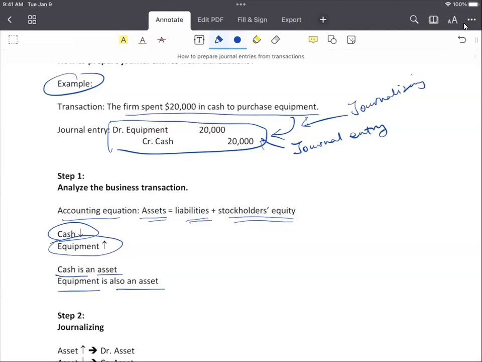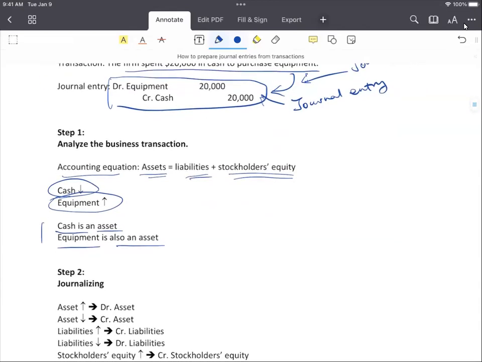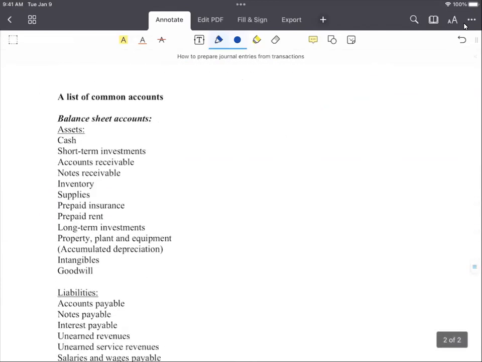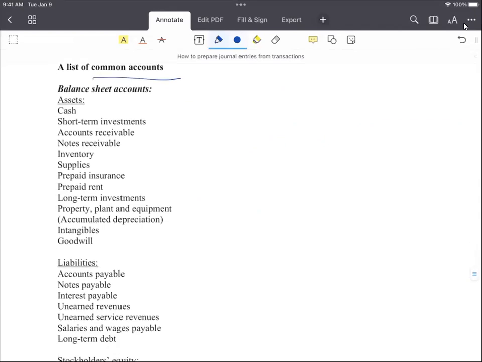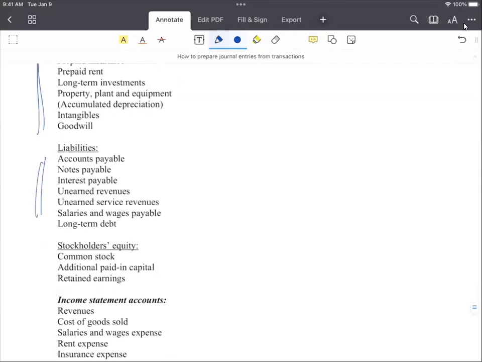Once we have a business transaction, we need to analyze its effect on asset, liability, and stockholders' equity. If you wonder what kinds of accounts are asset accounts, liability accounts, and stockholders' equity accounts, here is a list of the common accounts. Those are common asset accounts, and liabilities, and stockholders' equity.